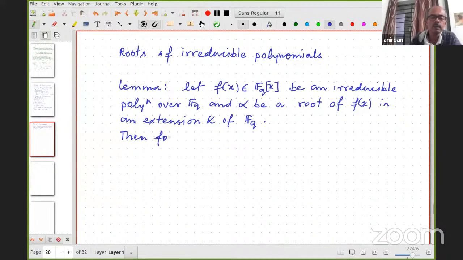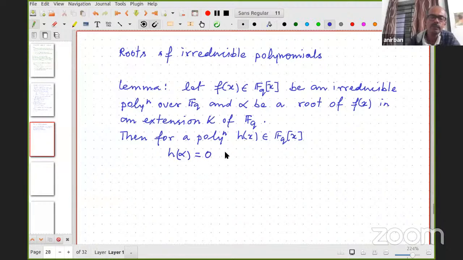Then for a polynomial h(x) in Fq[x], h(alpha) is equal to 0.